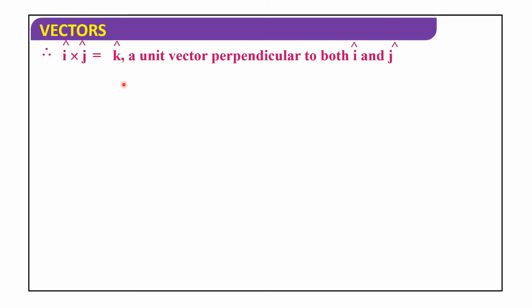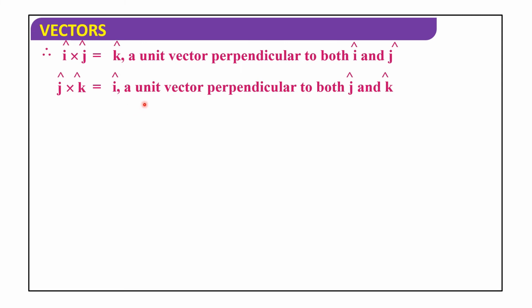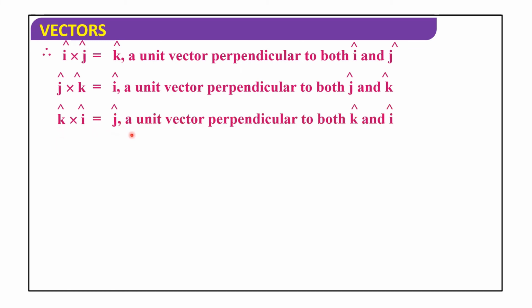Therefore, I cap cross J cap is equal to K cap, a unit vector perpendicular to both I cap and J cap. J cap cross K cap is equal to I cap, a unit vector perpendicular to both J cap and K cap. K cap cross I cap is equal to J cap, a unit vector perpendicular to both K cap and I cap.